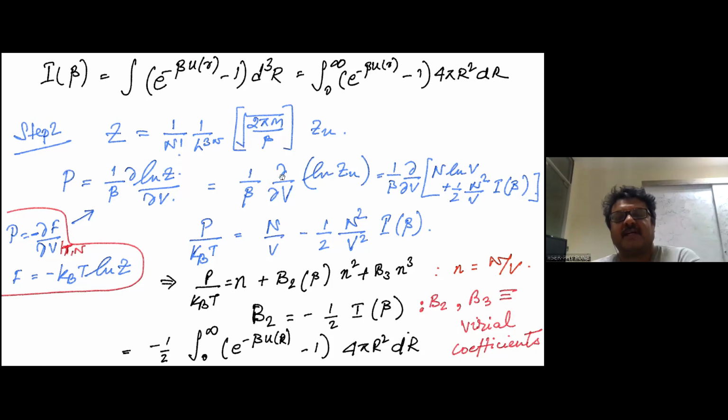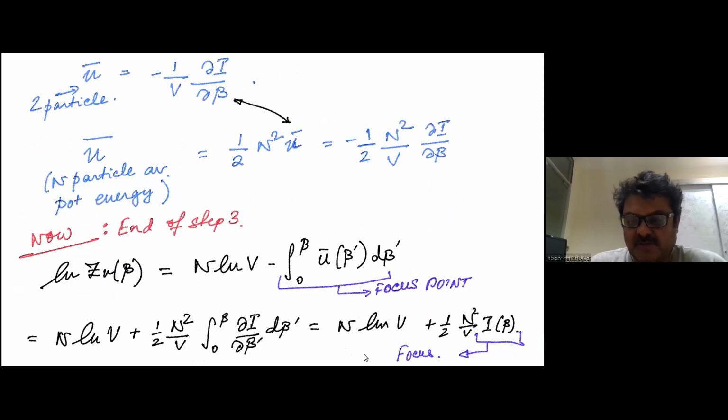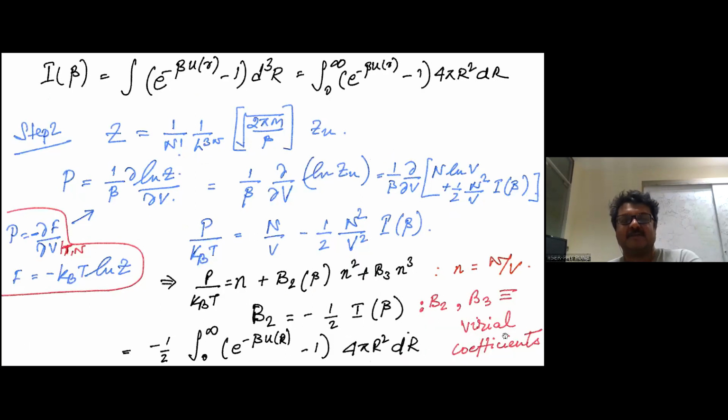That is P equals 1 by β ∂/∂V of log Z_U, because in the derivative with respect to V, these terms are going to vanish. V is sitting only inside Z_U. And what was Z_U? It was N ln V plus (1/2) N squared by V times I(β).